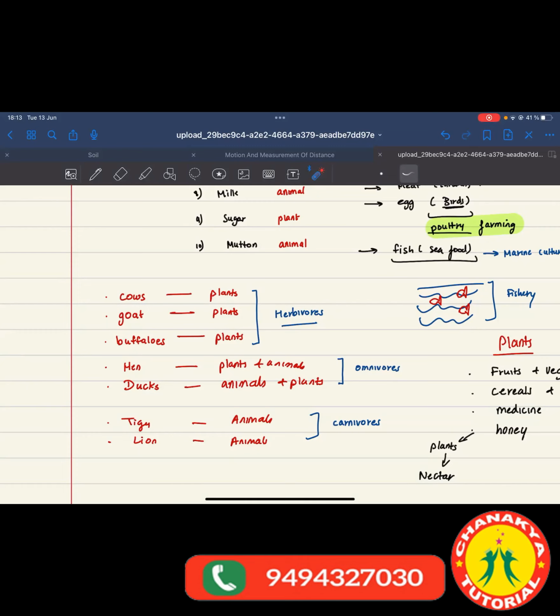Even if there are human beings who are completely vegan, consuming only vegetarian food and not even touching non-vegetarian, they're still called omnivores, because humans are also animals, right? They're animals who can consume both plants and animals.